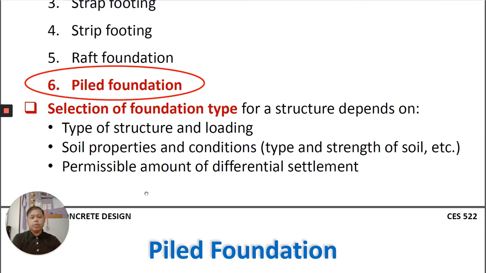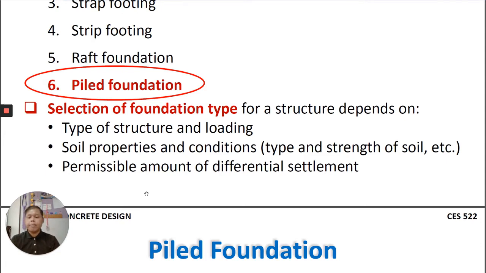Although we can use a shallow foundation that has a homogeneous settlement, for example, a raft foundation. If we have a very strong, very high strength soil condition, we can use a pad footing or strap footing or strip footing as a foundation.